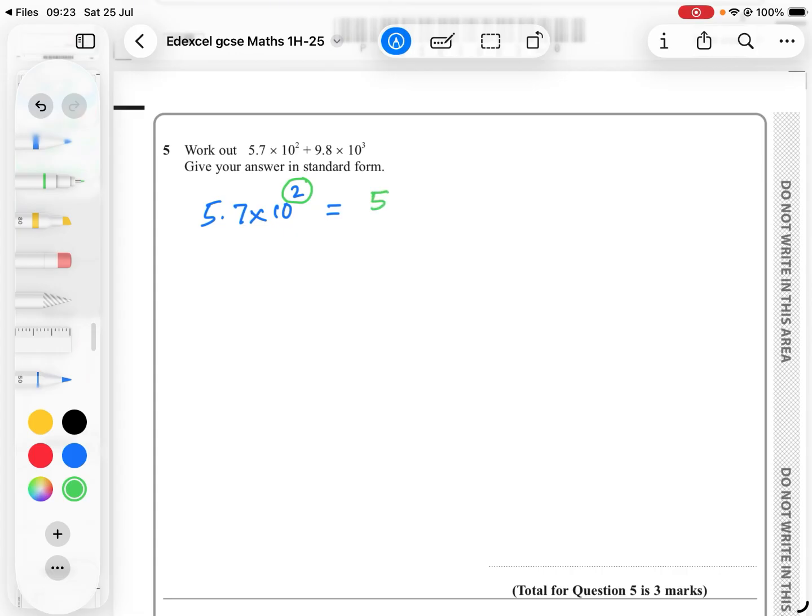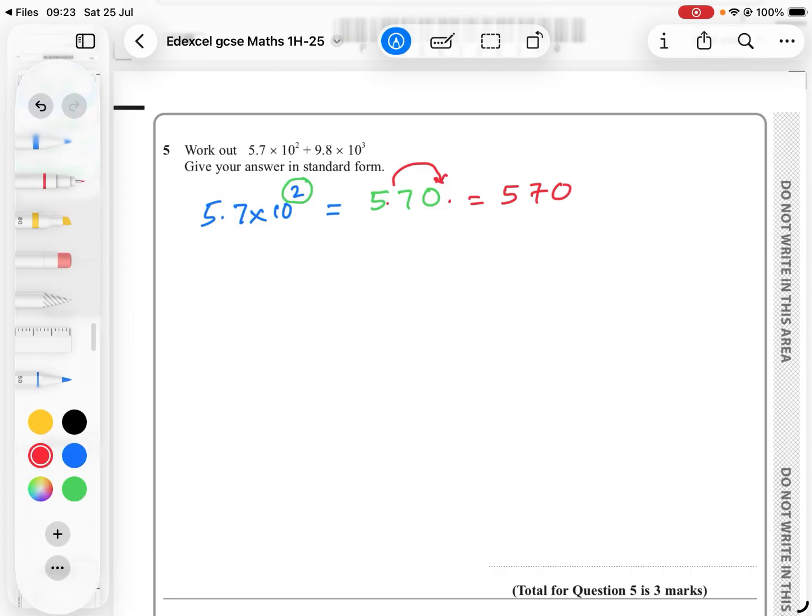So 570. Exactly this decimal move, it was here, now here, 2 places moved. Which is 570.